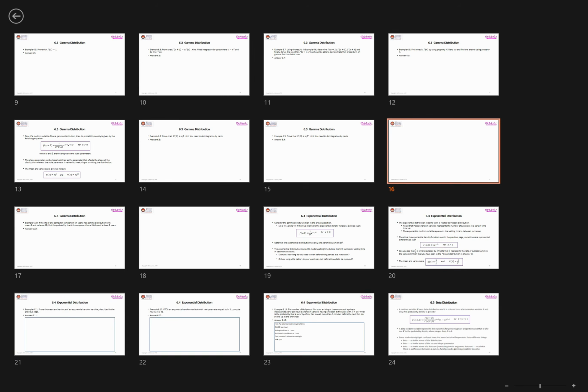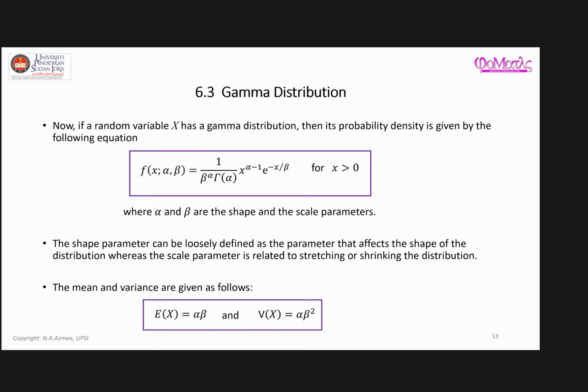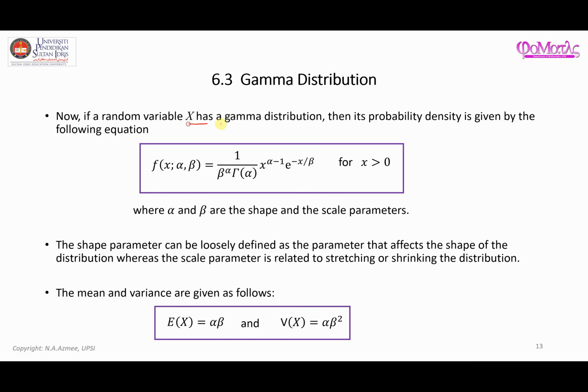Let me just recap what a gamma distribution is: if you have a gamma distribution, then this is the probability density function. This is what we need to give as an input when we want to find the probability.